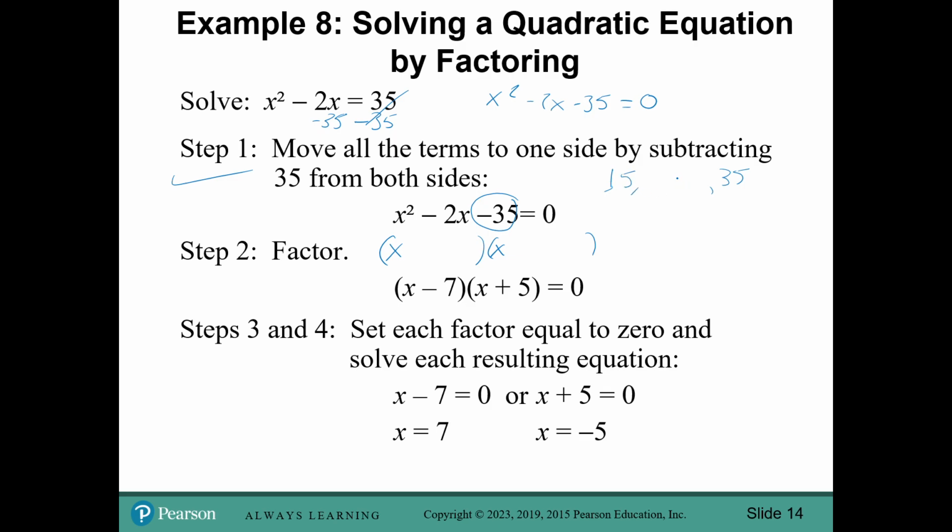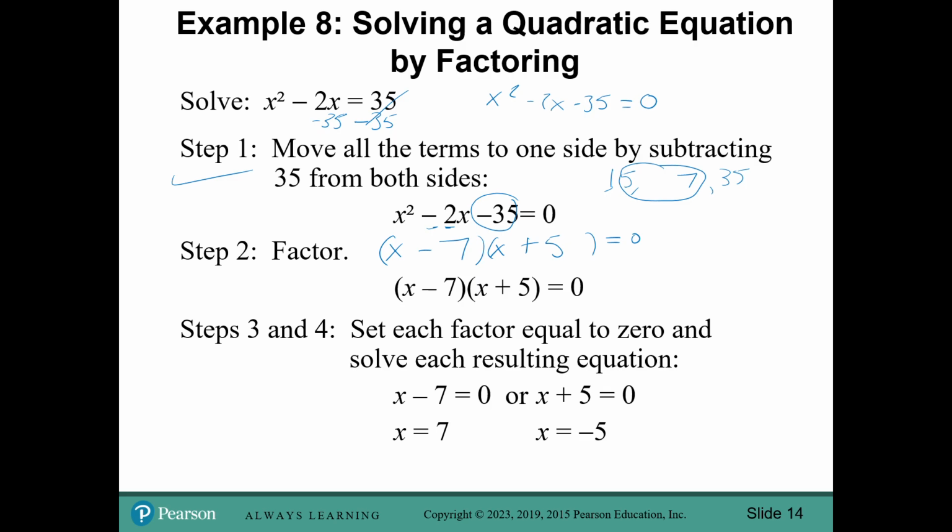I look at 5 and 7. Those are two factors of 35 that I could probably get a 2 out of, right? I could get a 2 out of that by making the 7 negative and the 5 positive. See what I did there? So I found factors of 35 that had a difference of 2, or a combination that could give me 2, or in this case, negative 2. And I plugged that combination in.